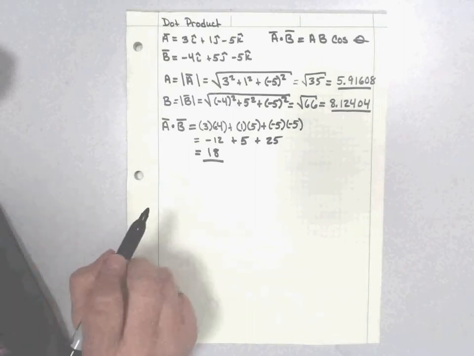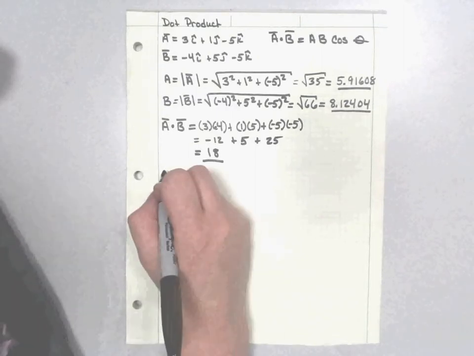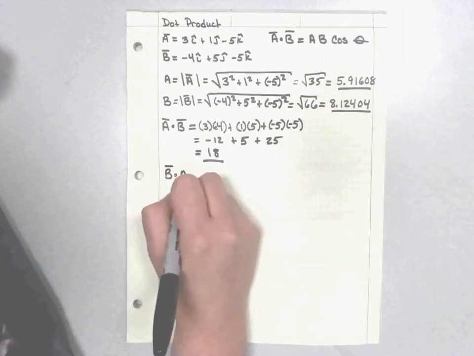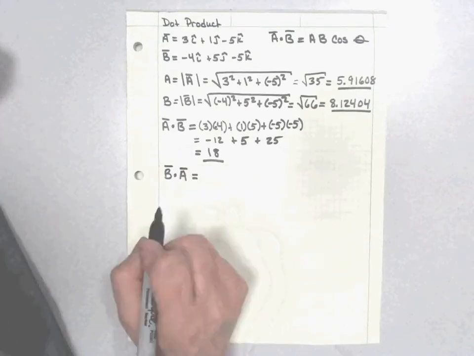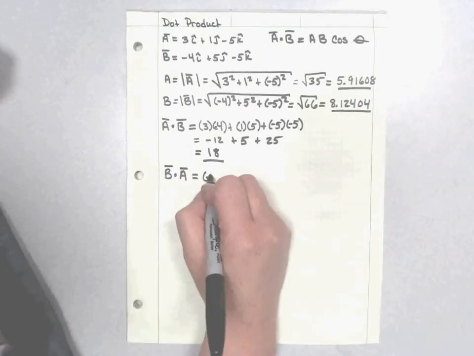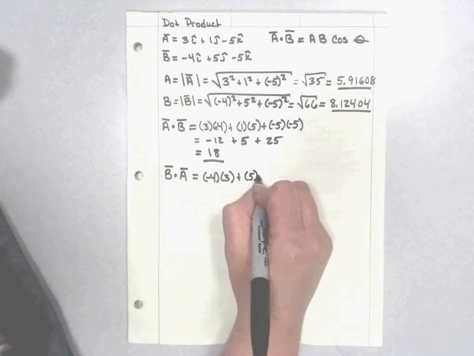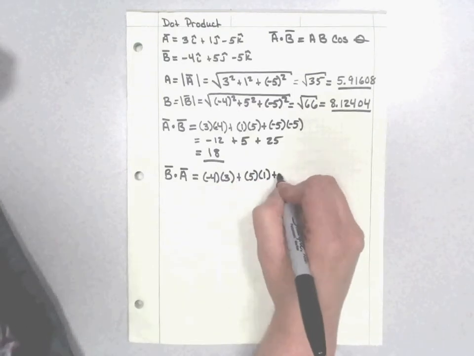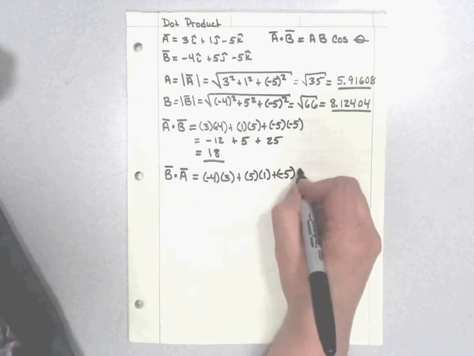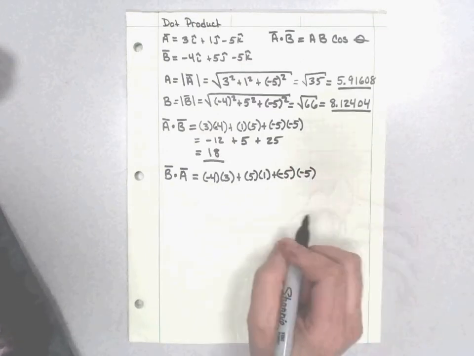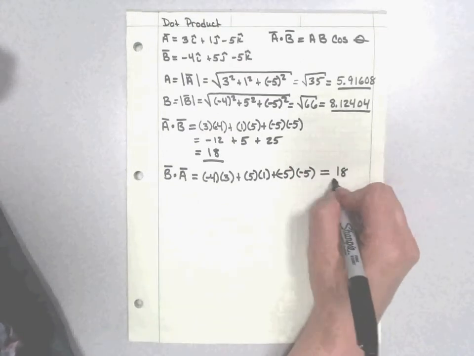Now the dot product is commutative. That means that if I were to say B dot A and reverse my order, I'd have negative 4 times 3 plus 5 times 1 plus negative 5 times negative 5. And I would still get 18.